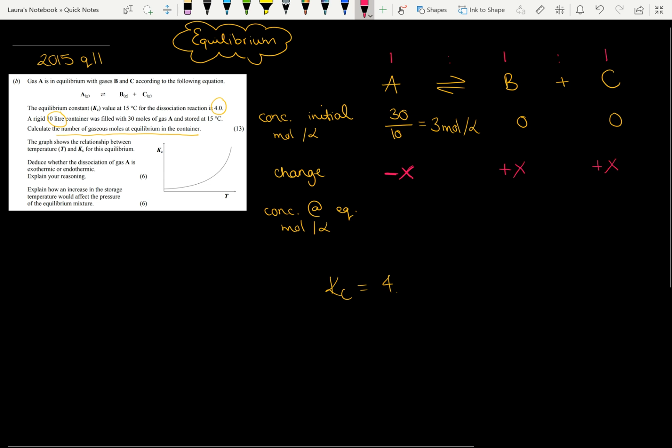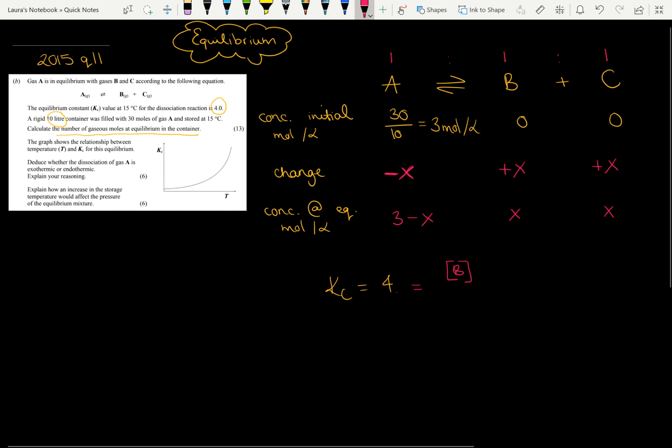Now I can complete my table. My concentration of A at equilibrium is 3 minus X. My concentration of B and C is X. Now what I can do is put that into my Kc equation. So let's write that Kc equation first of all.